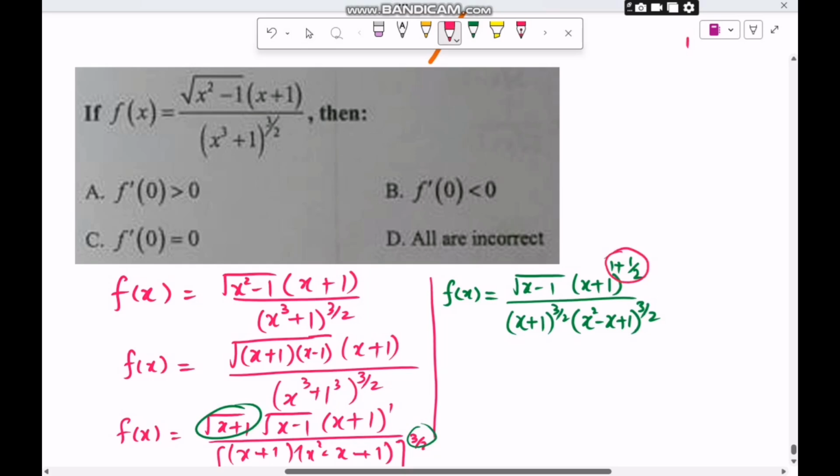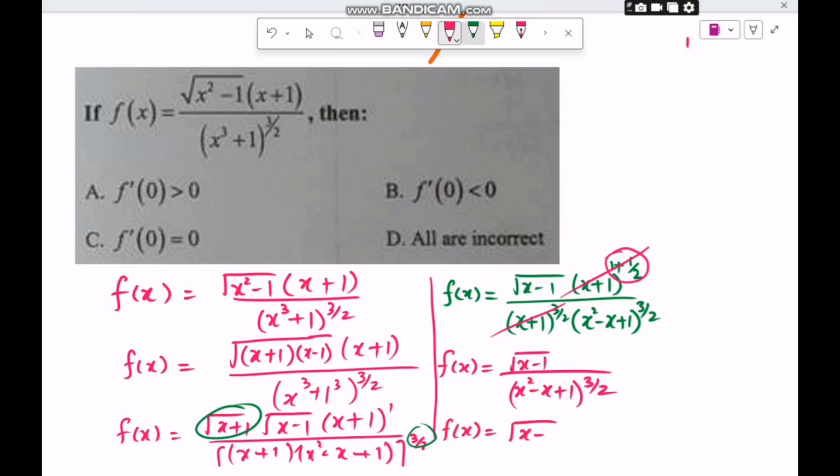If I write both of them together in the numerator, this is x minus 1, its power is 1 by 2, and the other is x square minus x plus 1, its power is 3 by 2. Now we differentiate, because we have to talk about the derivative. So d by dx of f of x, d by dx of the right hand side, is derived under the product rule of differentiation.